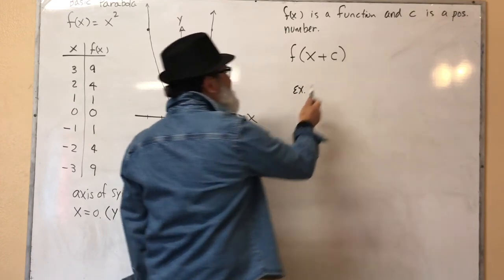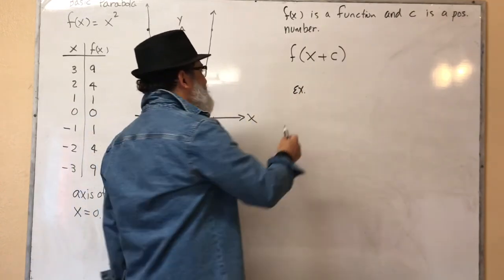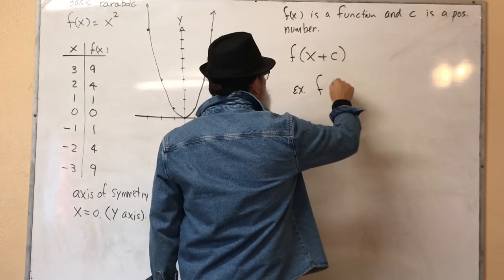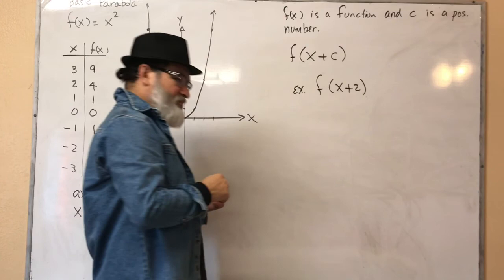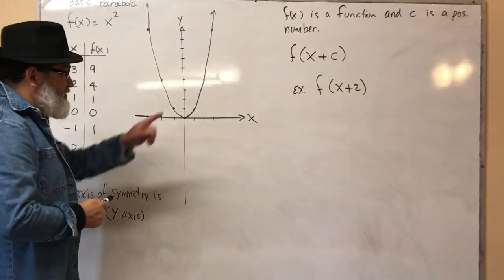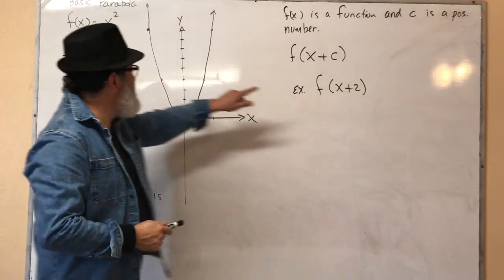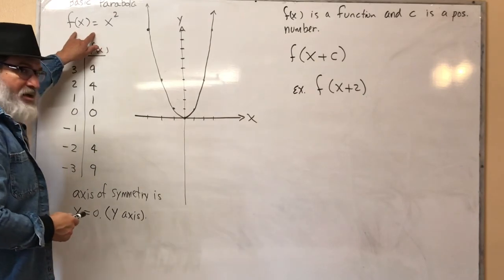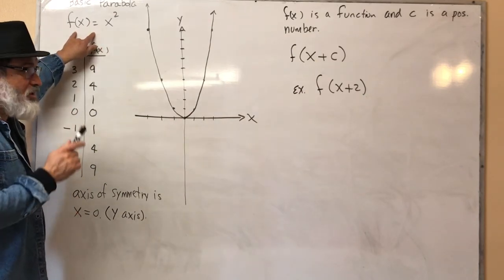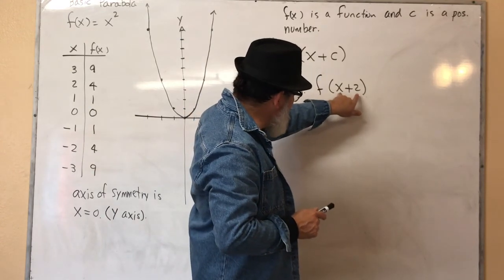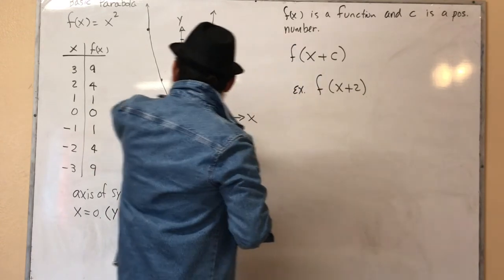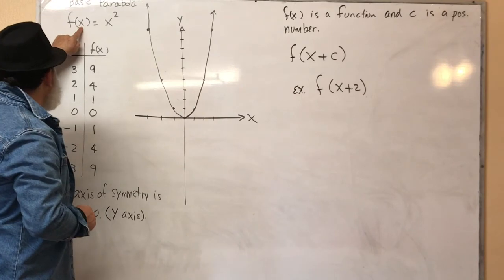Let's suppose c is 2. So we have f of x plus 2. Well, let's apply this to this parabola. Note, let's replace this x plus 2 there and there.